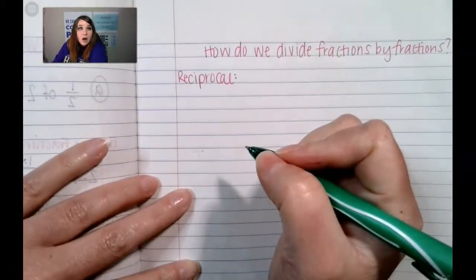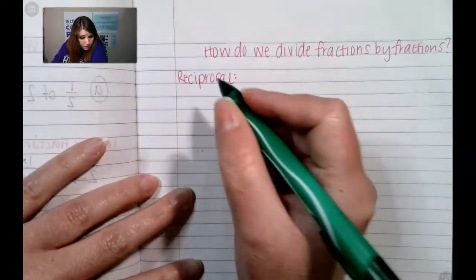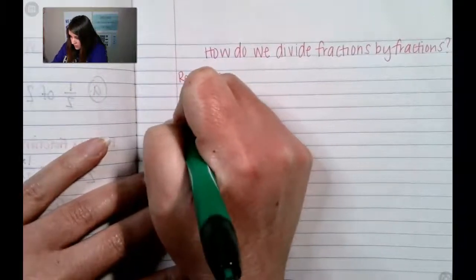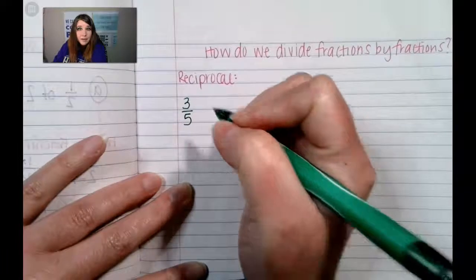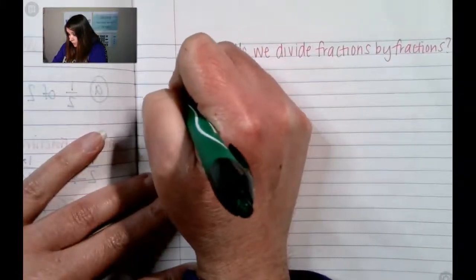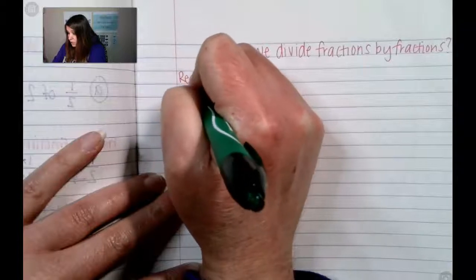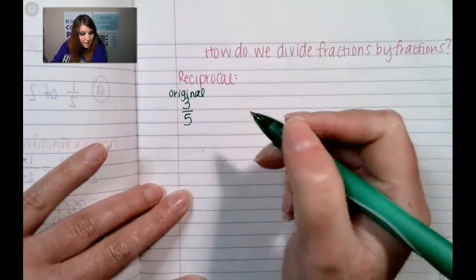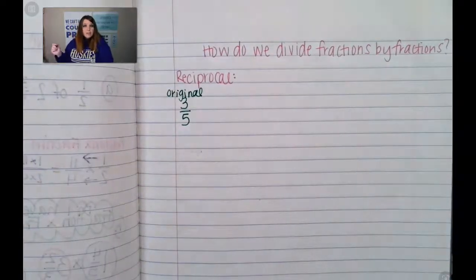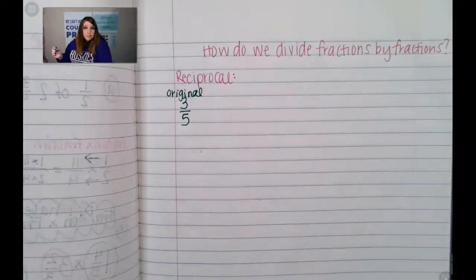For example, let's say I have the number 3/5. That's my original fraction. Let's say my original fraction is multiplied by its reciprocal. The reciprocal is its flipped version.